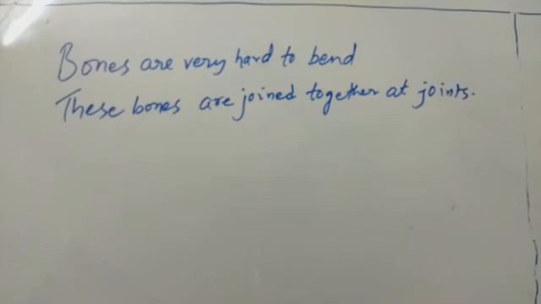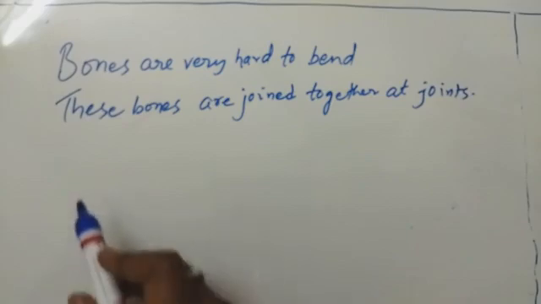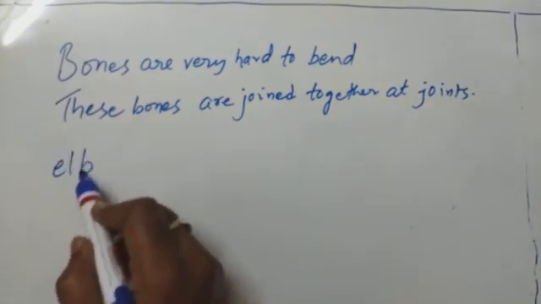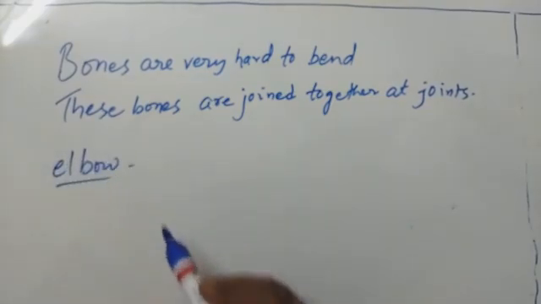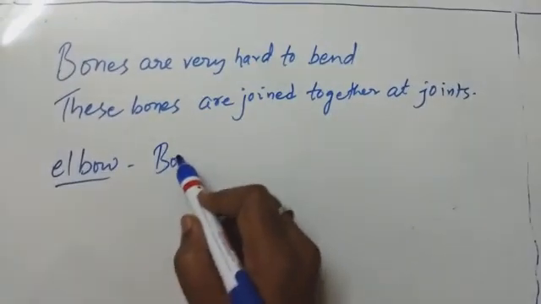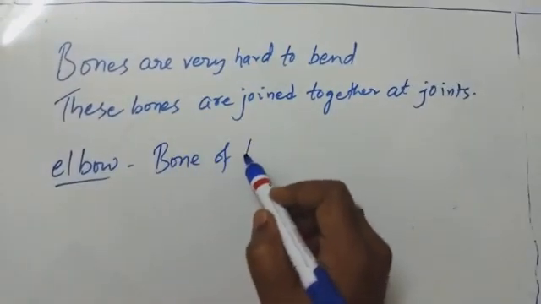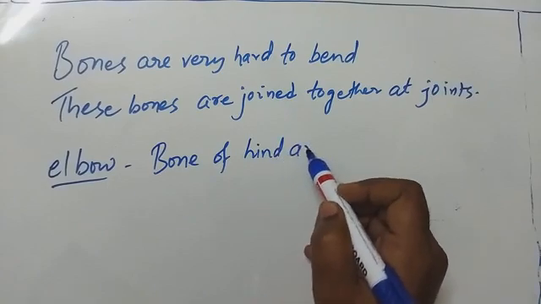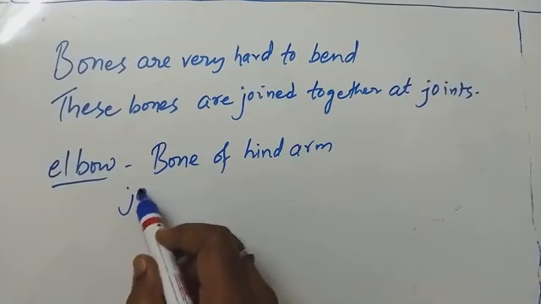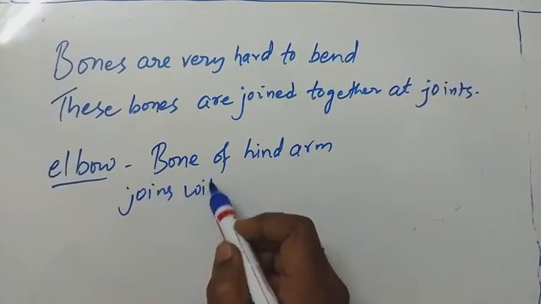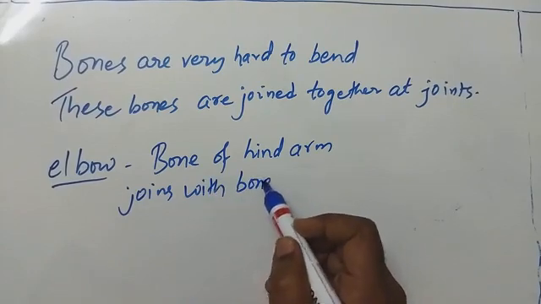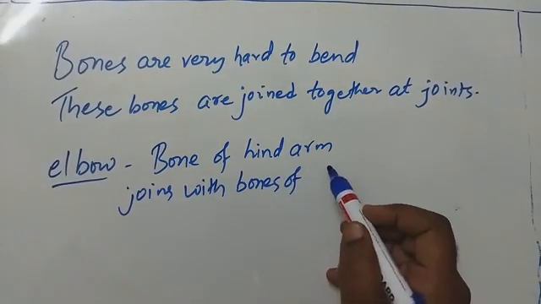As I said, at the elbow, which two bones are joined? The bone of the hind arm joins with the bones of the forearm.